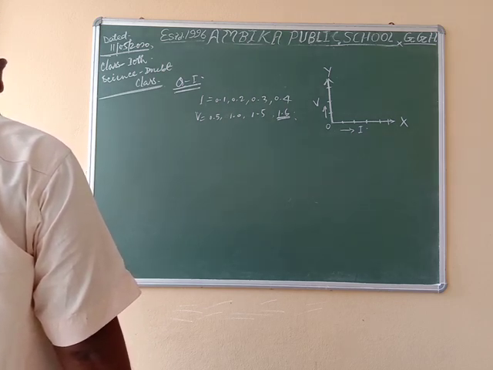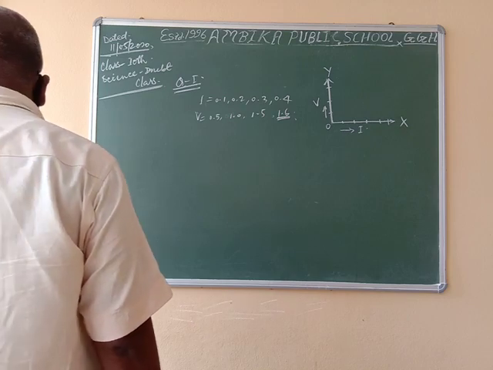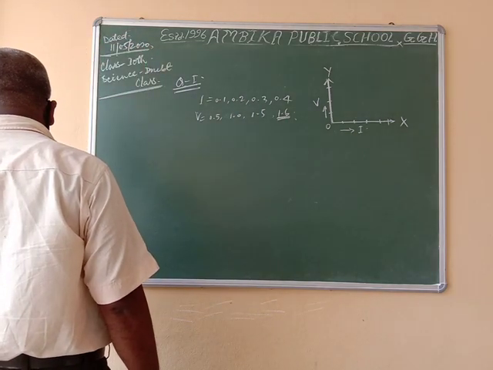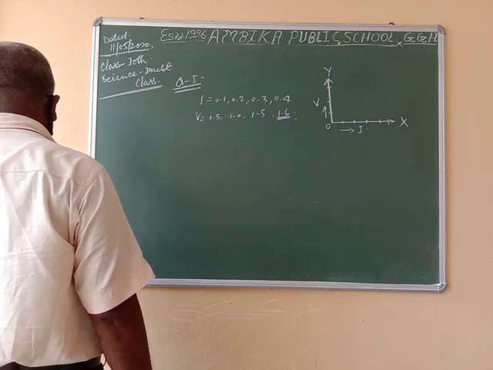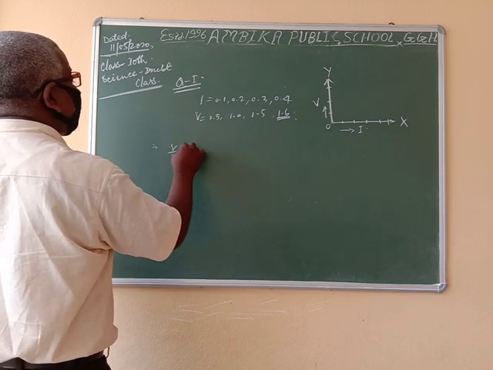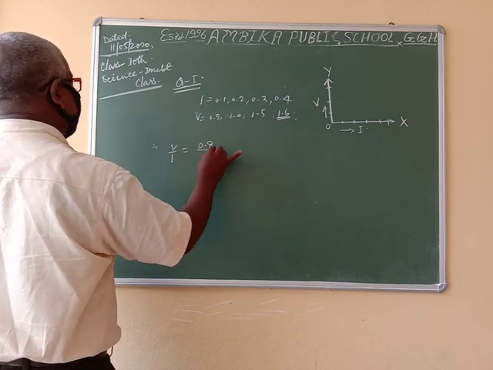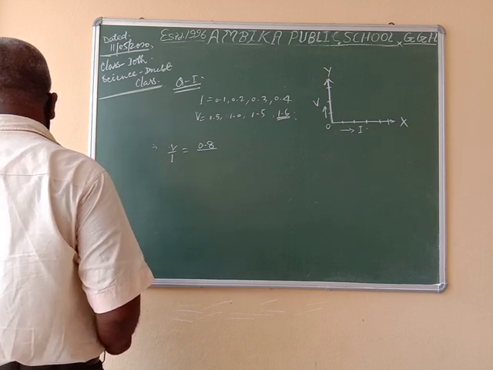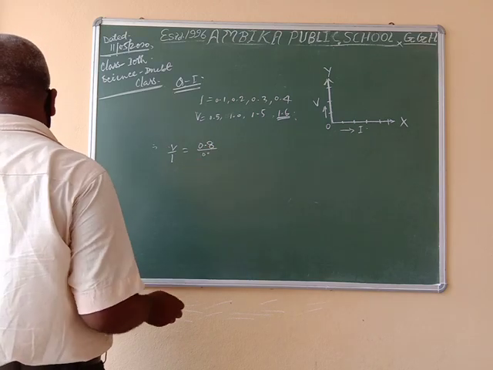When the potential difference is 0.8, V by I is equal to 0.8 by 0.2.